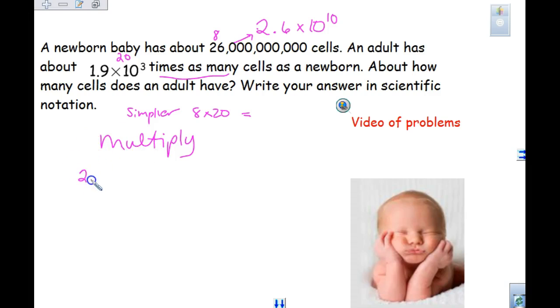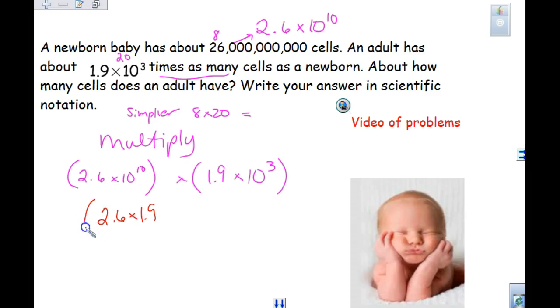We are going to put 2.6 times 10 to the 10th. And we are going to multiply that by 1.9 times 10 to the 3rd. Now, when we just did all those worksheets with multiplying, we took the coefficients 2.6 times 1.9. So yes, you need calculators. You're multiplying. When you walk in this classroom, you should always have your calculator with you.